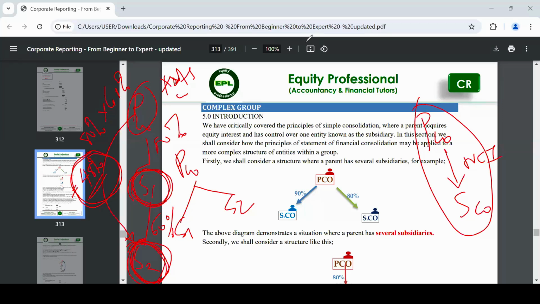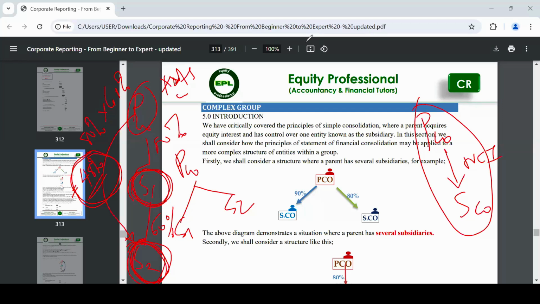If PICO owns S1 and S1 owns S2, therefore, you can simply say that S2 is under the control of PICO because PICO owns the parent of S2.